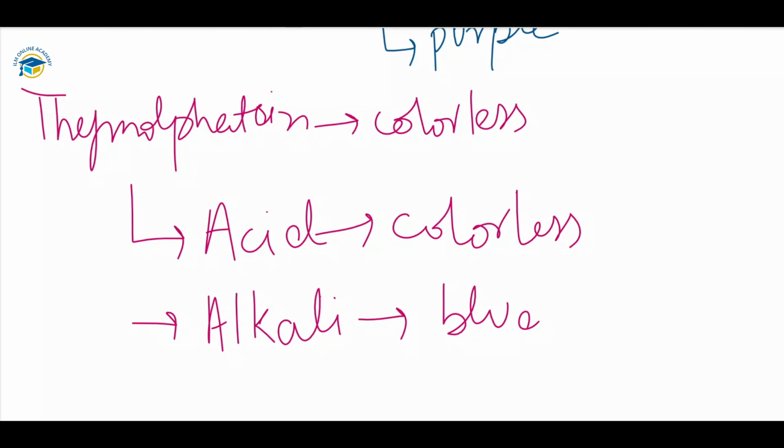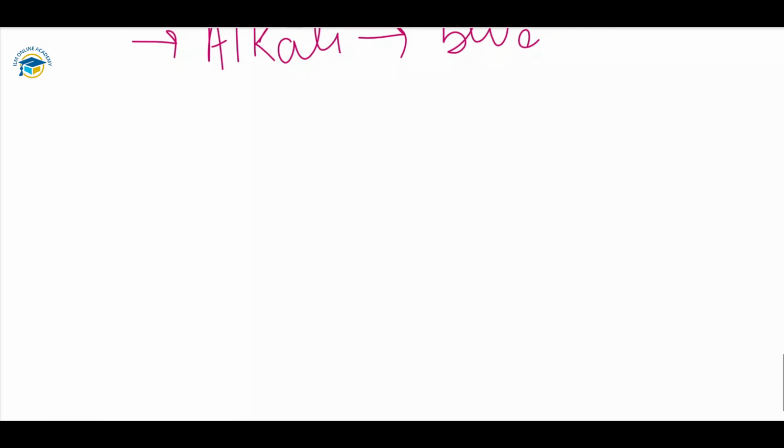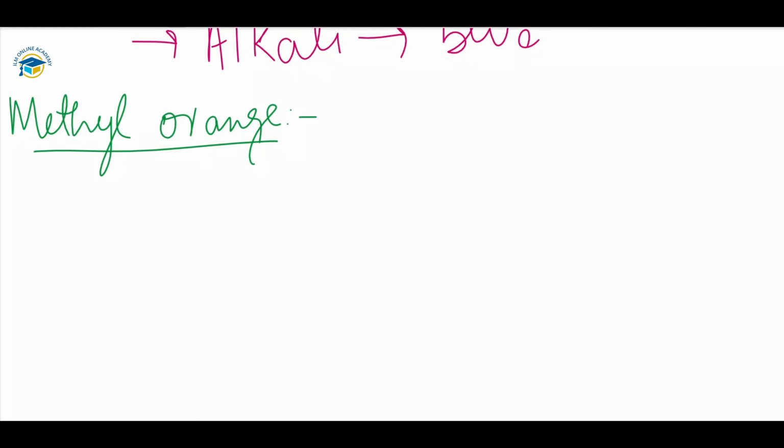So next we have methyl orange. Methyl orange is also an acid base indicator, and methyl orange is red in the acidic and yellow in the alkaline.